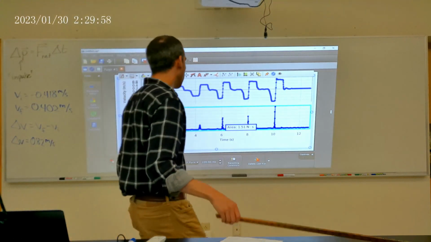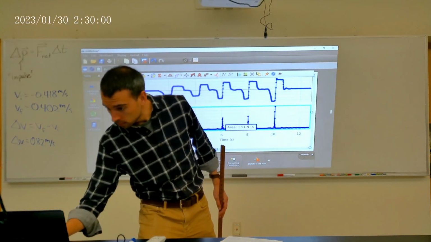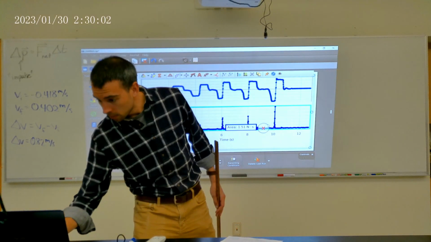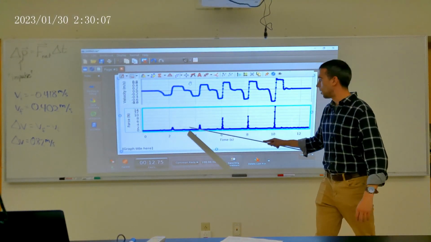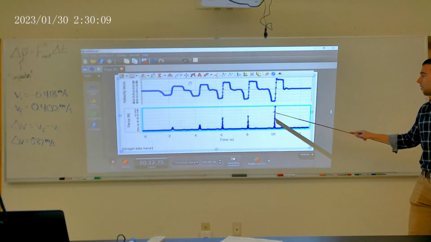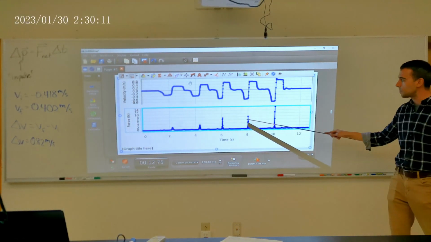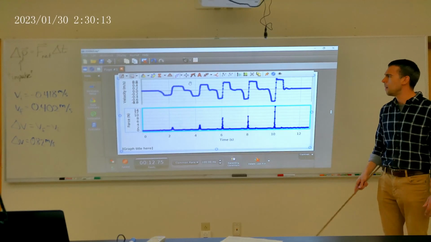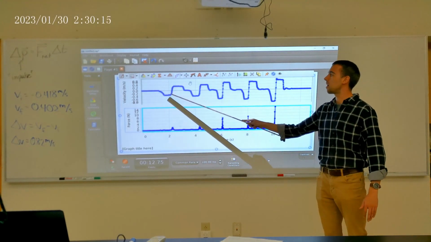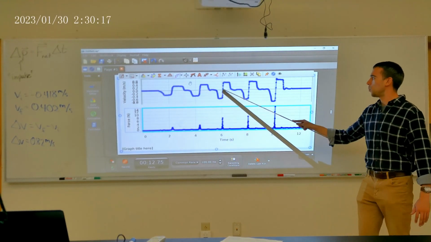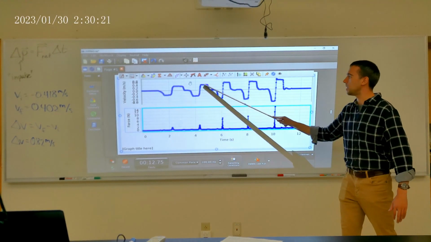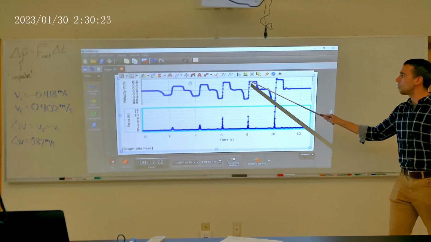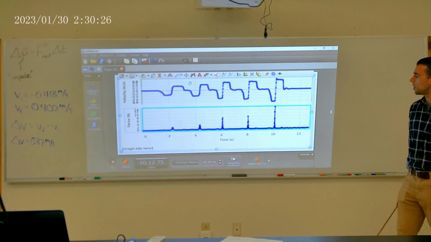You can see here that I have 5 collisions, 1, 2, 3, 4, 5 in increasing size. Maybe these two aren't quite all that different. And you can see that in the velocity graph I have 5 collisions, each with their final and initial velocities that we would extract using the coordinate tool.